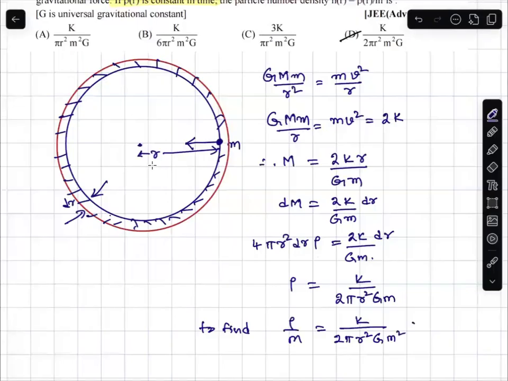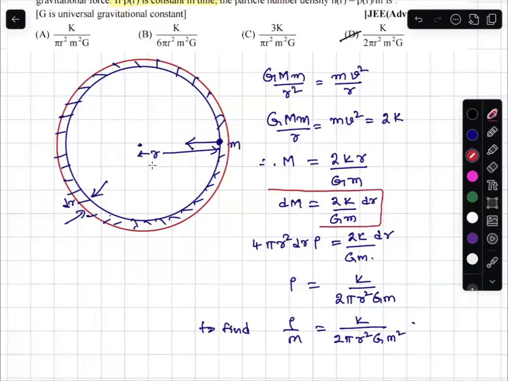Now tell me, according to me, this step is crucial. If you fail here, you will not reach the answer. Any student having doubt on this, please ask me. I told you a number of times, when will we make mistakes?